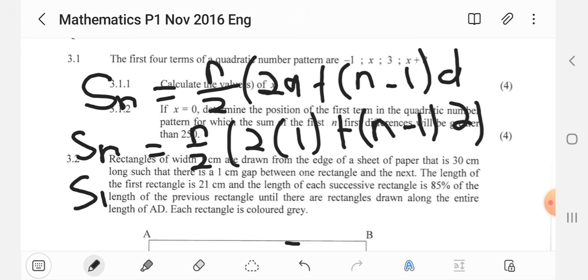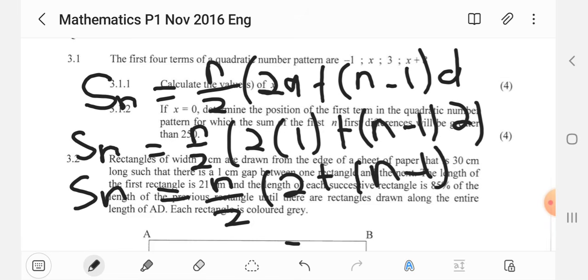So Sn equals n over 2 multiplied by 1. That gives us 2 plus n minus 1 into 2.